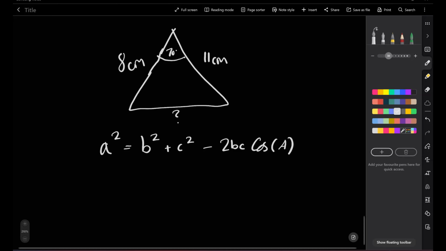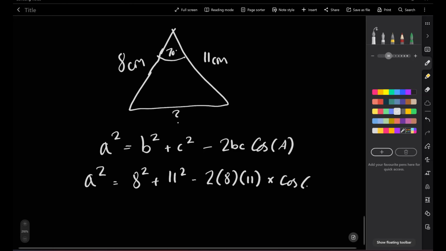We'll use b as 8 and c as 11. So a squared equals 8 squared plus 11 squared minus 2 times 8 times 11 times cos of a is 70 degrees.